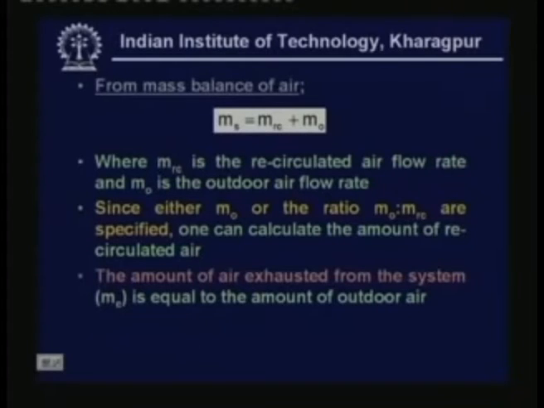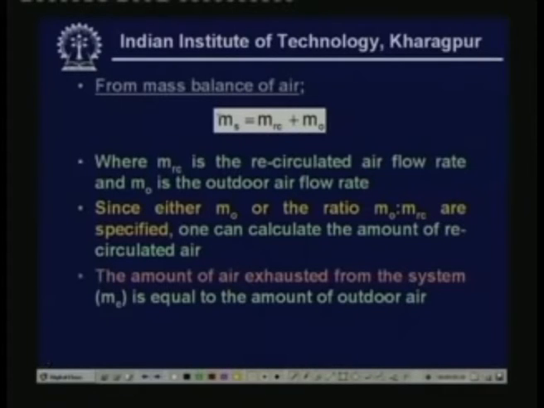Since either m subscript O or the ratio MO by MRC is specified, one can calculate the amount of recirculated air. Because we have calculated this, and from ventilation requirements we know this. So you can calculate the recirculated air, and the amount of air exhausted from the system is equal to the amount of outdoor air, as I have already explained.